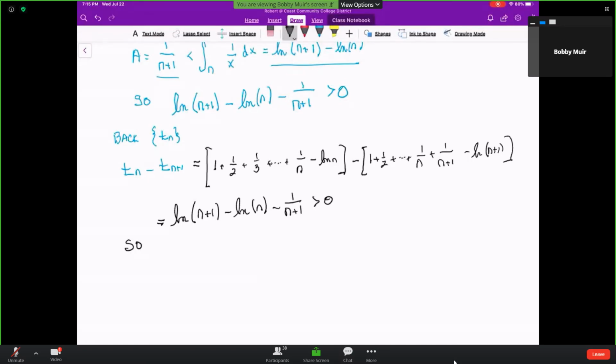So my sequence Tn is a decreasing sequence bounded below. So the limit as n tends to infinity of this sequence exists.